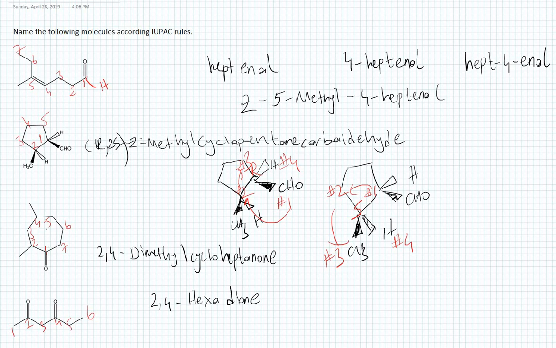The third one was a cycloalkane ketone, so we said cycloalkane -one, cycloheptanone, and we specified the locations of the substituents. And the last one was a diketone. So we specified the positions of the carbonyl oxygens, 2 and 4, and the longest chain is 6. This is hexane. So we said 2,4-hexanedione.